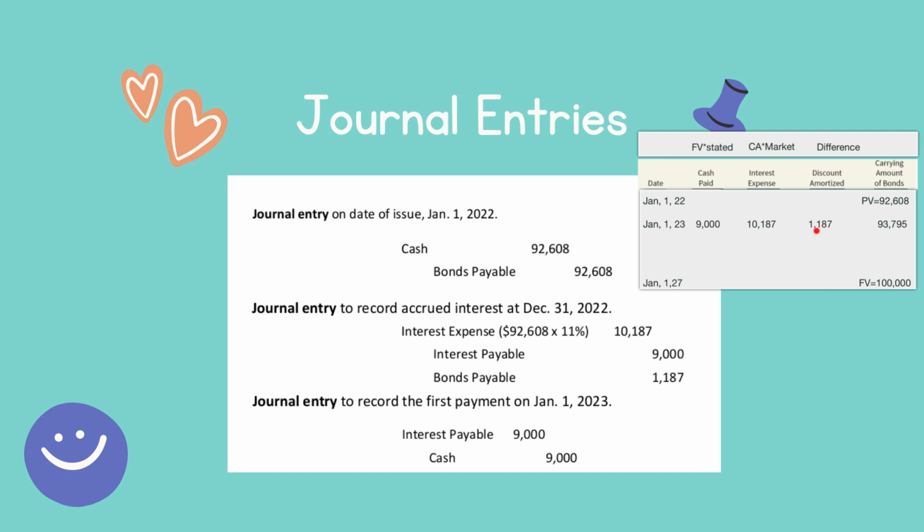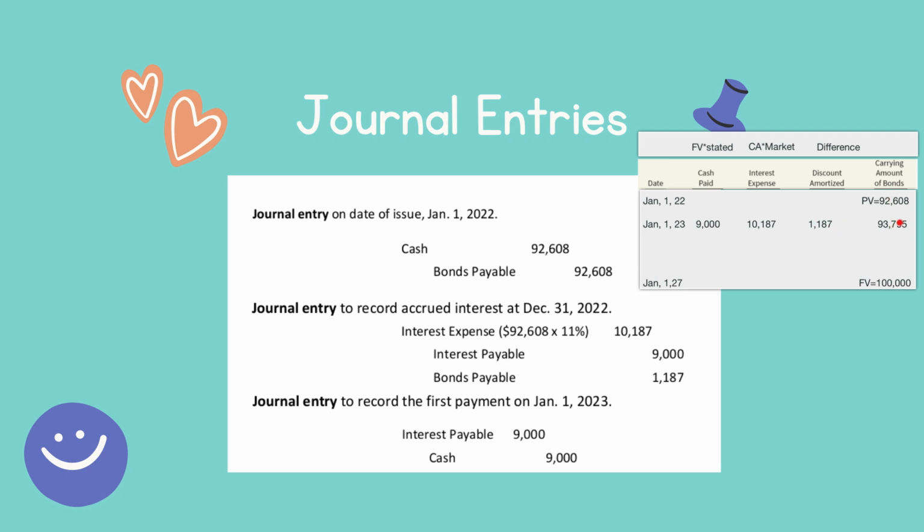Okay, now the difference, shall I add it to the carrying amount to get the new one? Will I subtract it? It depends. See, the idea of the amortization table is that I start with the present value, I end up with the face value. So if it's issued at discount, the present value will be lower than the face value. So to reach 100,000, I'll add the difference. I'll add the 1,187 each time.